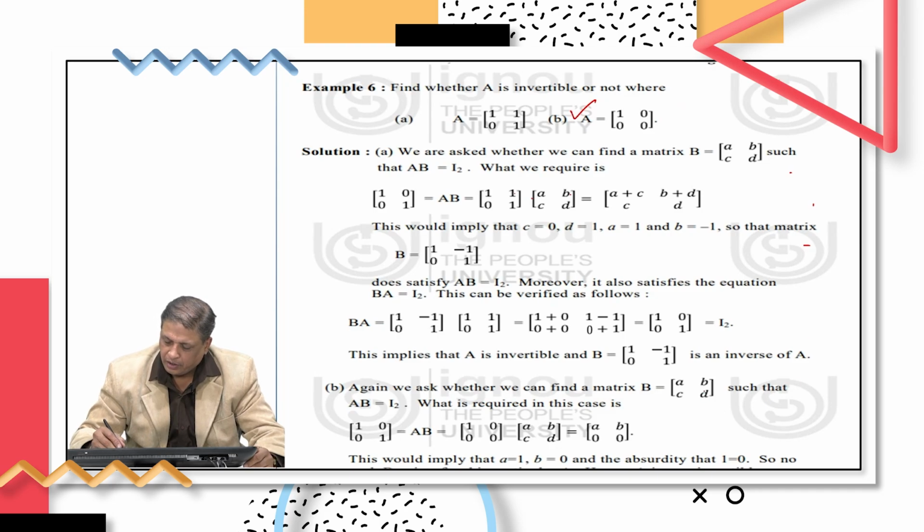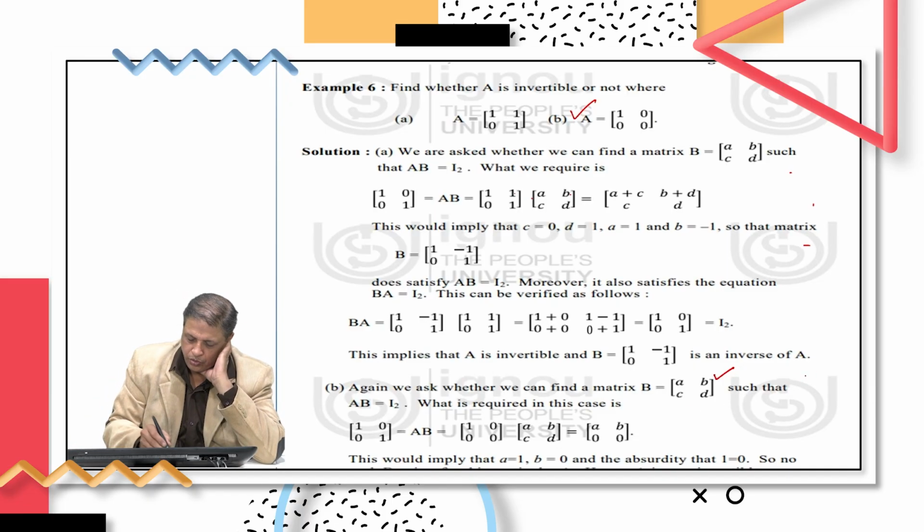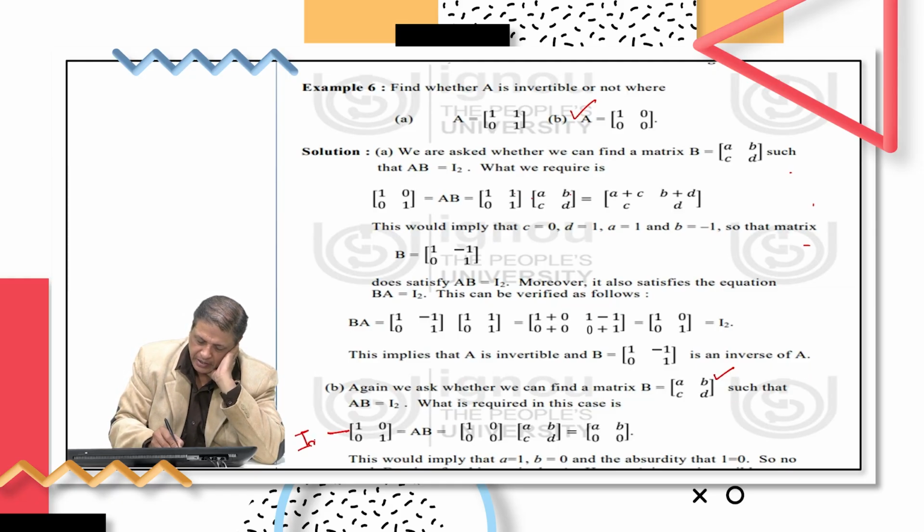So let's assume that B is [a b; c d], which is again the inverse of the given matrix A. We again apply the same thing: A into B should be equal to the identity matrix.